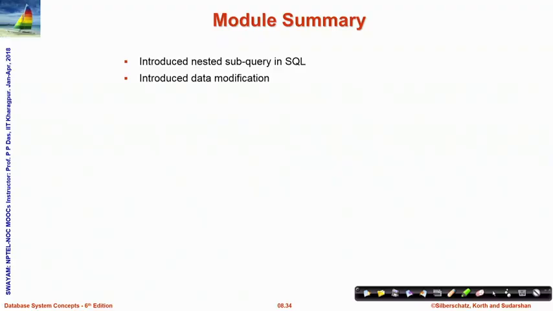We have seen the ways to perform data modification in terms of deleting, inserting and updating records, and we have also seen how nested subqueries may be very useful not only in performing a query, but also in performing certain data modifications.